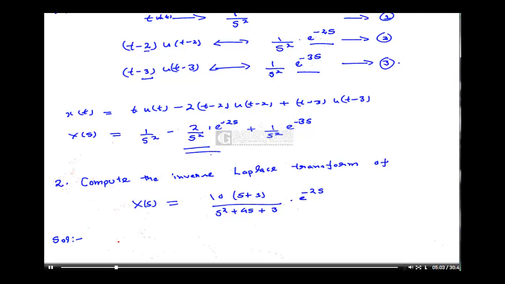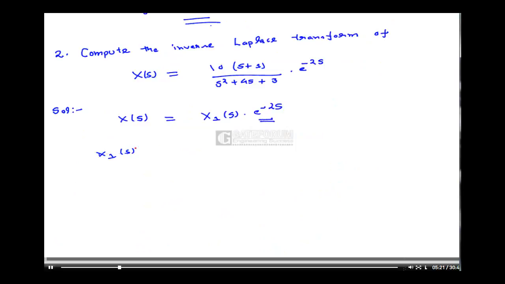Now, I will write my X(s) as nothing but X1(s) times e to the power minus 2s. This term is contributing to the shift in the time domain. Now my X1(s) is equal to 10 times (s plus 1) upon s square plus 4s plus 3.